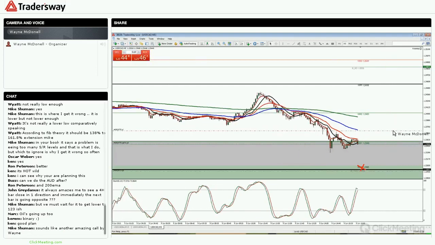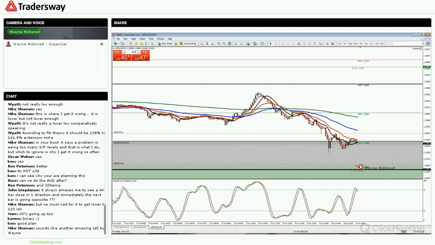What this is saying is if I'm right, all the money that comes in to capture the New York session, or leaves the New York session, is going to move this USD CAD.